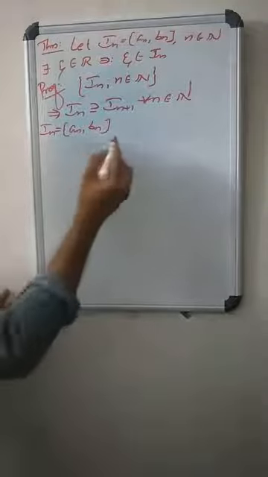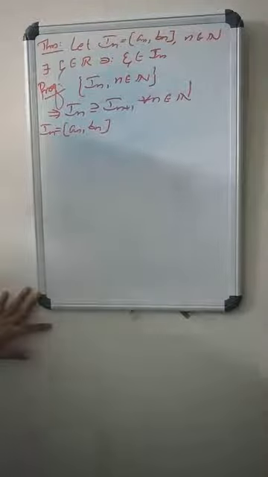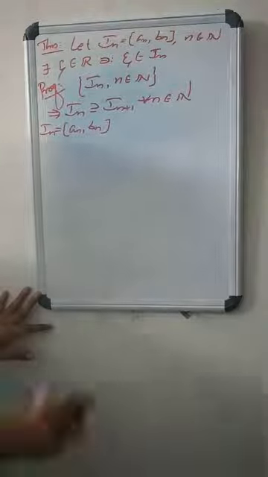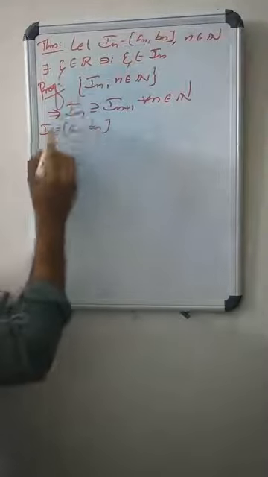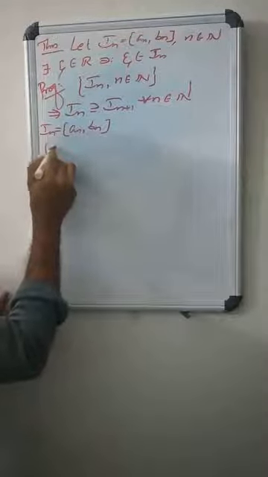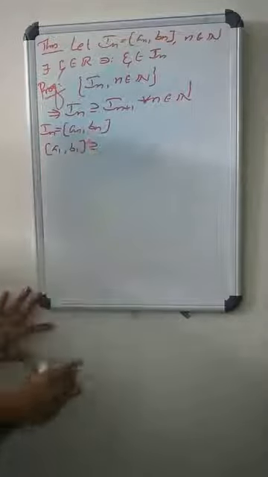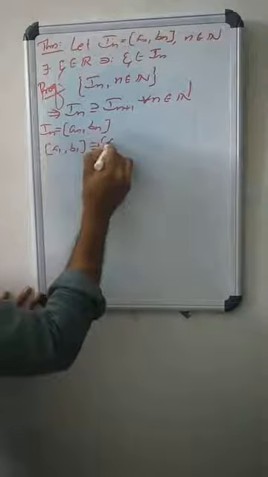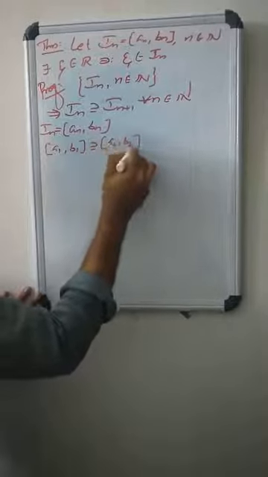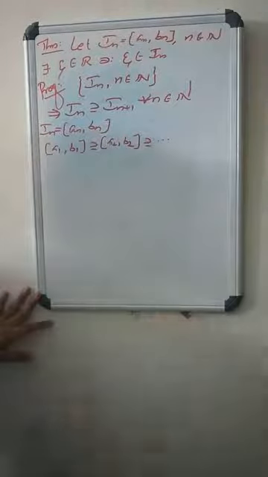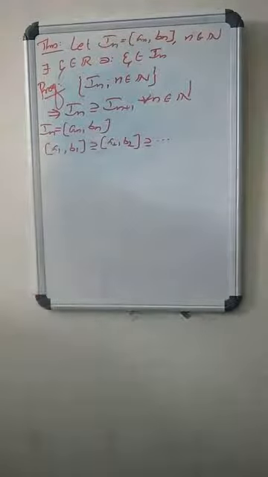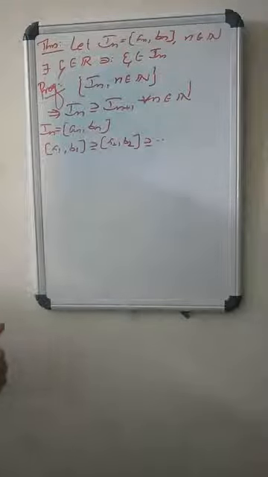I_n is the closed interval [a_n, b_n]. I_(n+1) is the closed interval [a_(n+1), b_(n+1)], etc. Since it is a nested sequence, we have I1, the closed interval [a1, b1], is a superset of I2, the closed interval [a2, b2], is a superset of etc., is a superset of [a_n, b_n], is a superset of [a_(n+1), b_(n+1)], is a superset of etc.